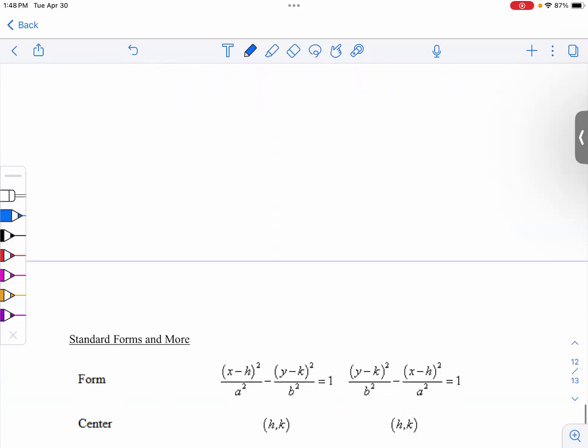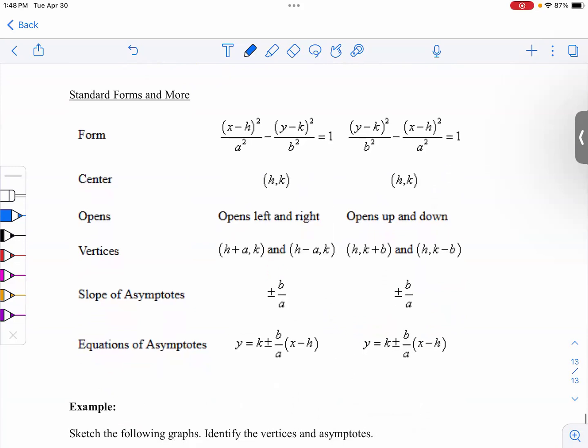So standard form actually looks very, very familiar to an ellipse, which we just saw when an ellipse is a circle. So all of these are very, very similar. Can you look at these two standard forms? What's the singular difference between these and an ellipse? The negative between them.